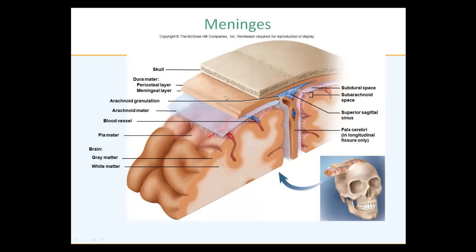And so here we have the different layers. This is the dura mater, and like I said, the dura mater has two layers, and sometimes they open up and they make venous sinuses in between. And this is the arachnoid mater, and finally here is the pia mater.